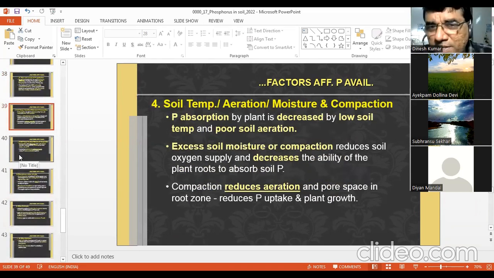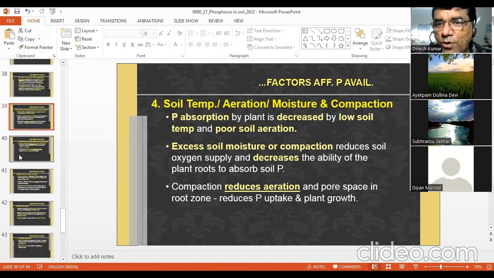Now, soil temperature, aeration, these physical factors like moisture, compaction, they all affect phosphorus availability. So as far as temperature is concerned, P absorption by plant is decreased by low soil temperature and poor soil aeration. So naturally, you know that phosphorus uptake movement is also governed by temperature. So under optimum temperature, you will have maximum availability and uptake of the phosphorus.